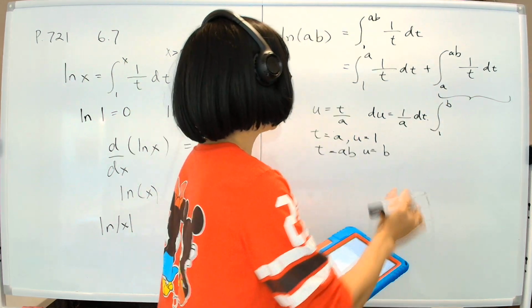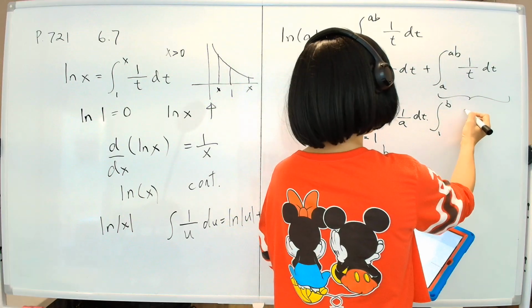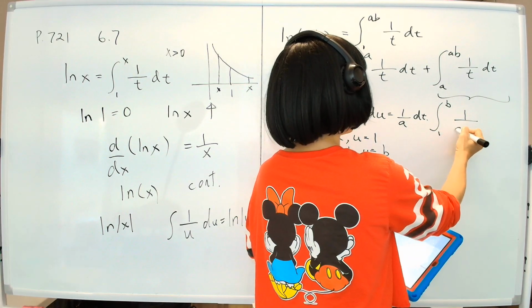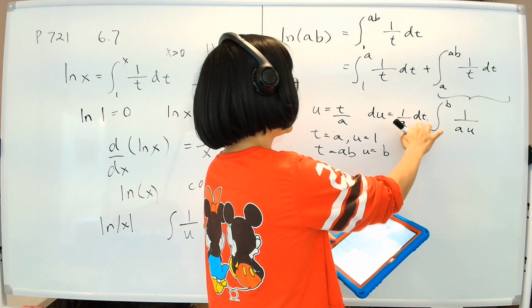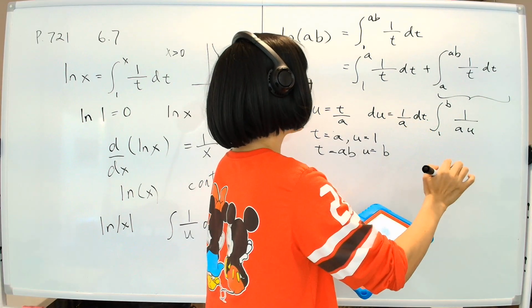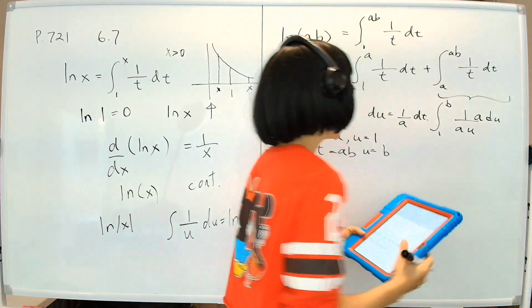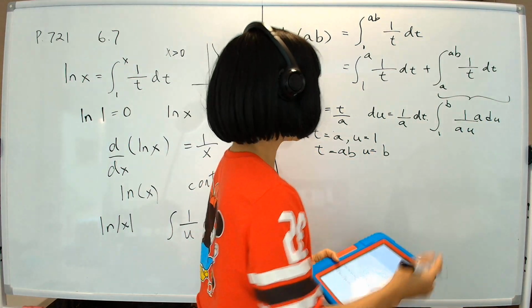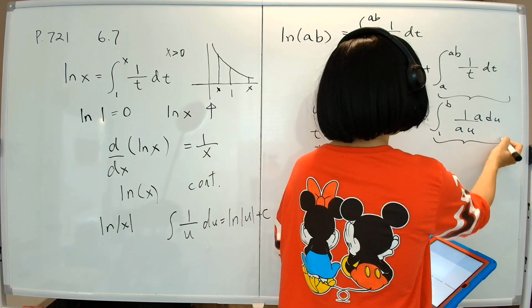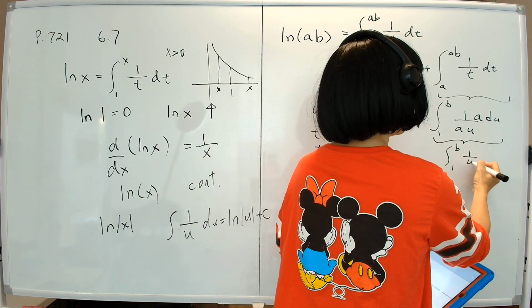And then 1 over t becomes 1 over au, right? And then dt becomes a times du. See? So that is t, and that's dt. So as you can see, this will become just the integral from 1 to b of 1 over u du.